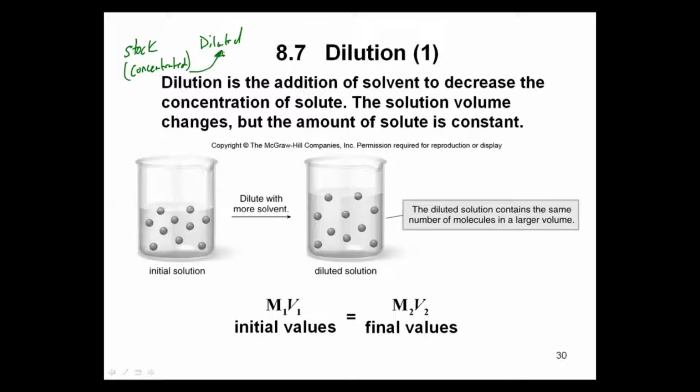And typically in this process, the only thing that you basically do is add more solvent. Again, not 100% of the time, but a lot of times the solvent is water. But again, it doesn't always have to be water. But when you do dilution, really the only thing that you're changing is that you're adding more water.